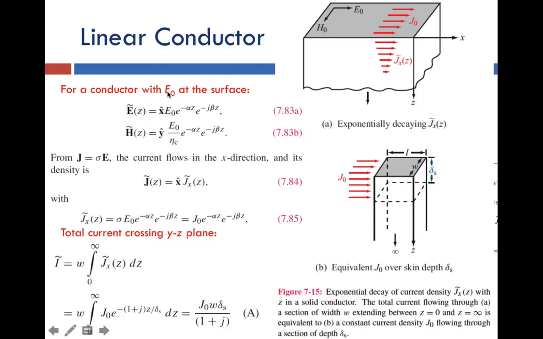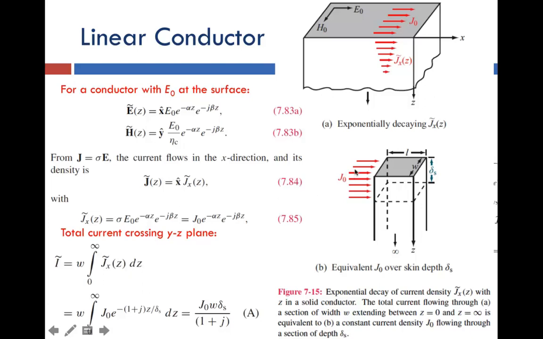So if we have a conductor with E naught at the surface, and remembering that J is equal to sigma E, we can calculate what J will be as a function of z. And then we can find a total current that crosses a given YZ plane by taking the integral across the surface with respect to z.